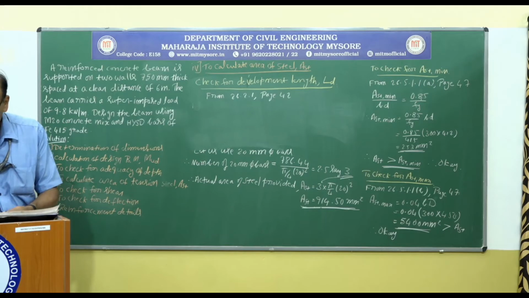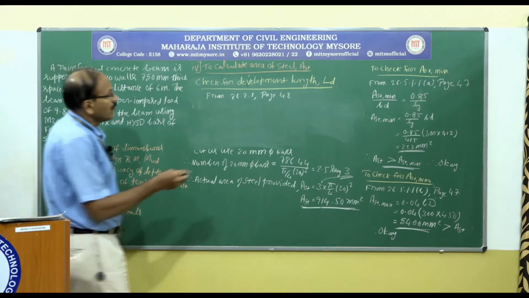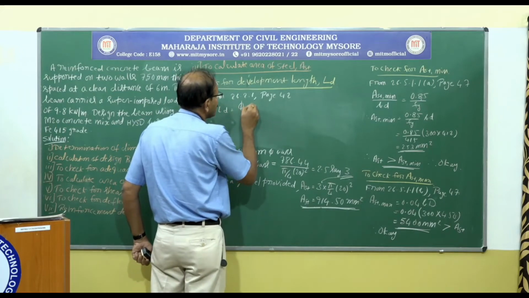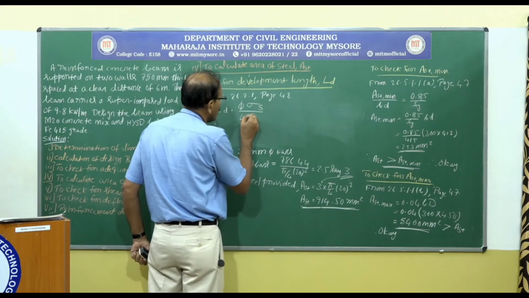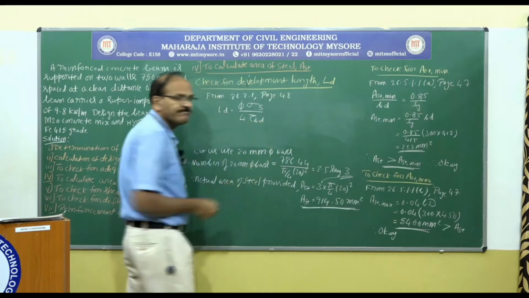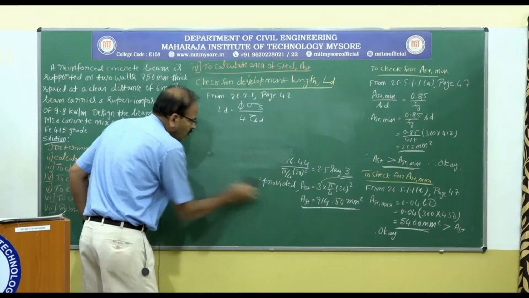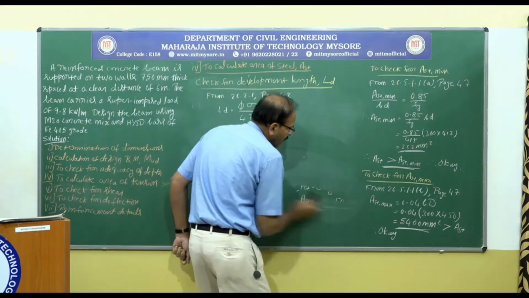Yes, it's correct. LD equal to phi sigma s by 4 tau BD. Okay. So find out what is the value of LD.